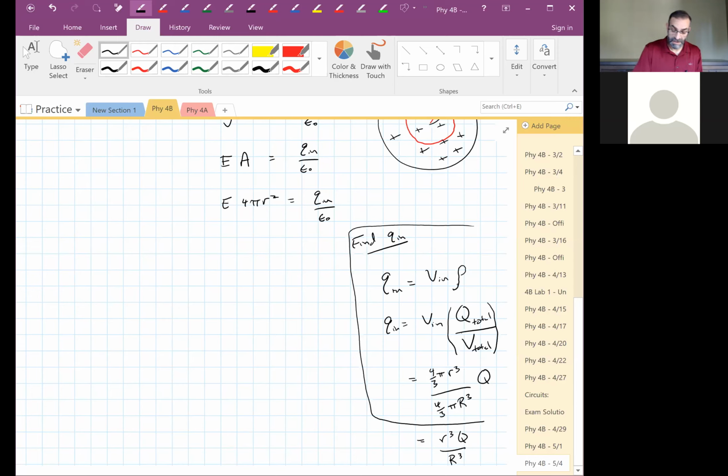This doesn't have anything to do with Gauss's law. It's just a definition, right? The charge density is the charge per unit volume of our three-dimensional charge distribution. If it was just a surface with charge on it, we would say the total charge on our surface is the surface area times sigma.